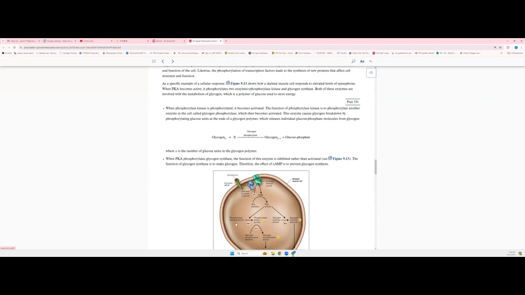This enzyme, phosphorylase kinase, it will activate this enzyme, and another one called glycogen synthase enzyme. Both enzymes get phosphorylated.